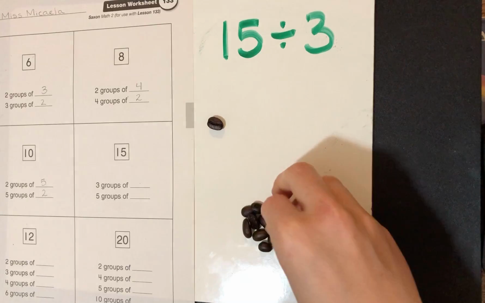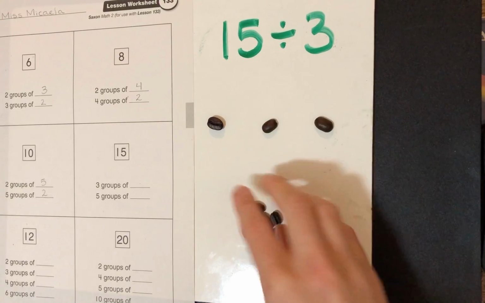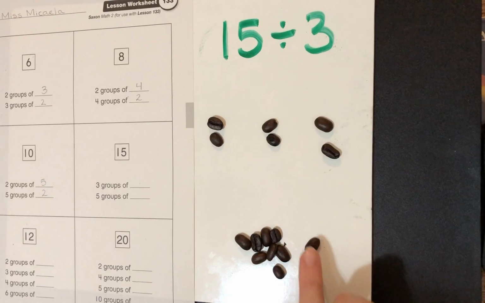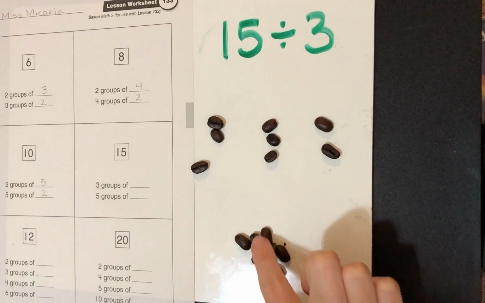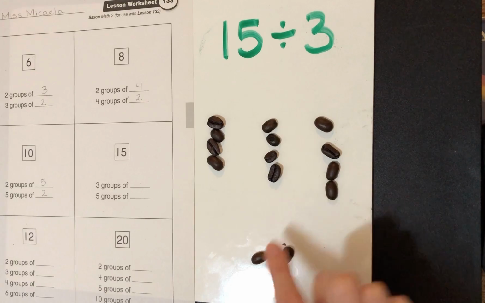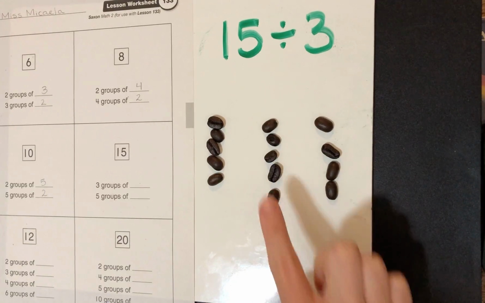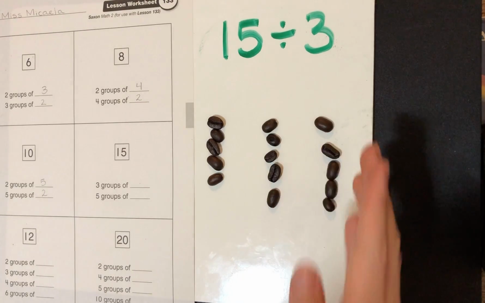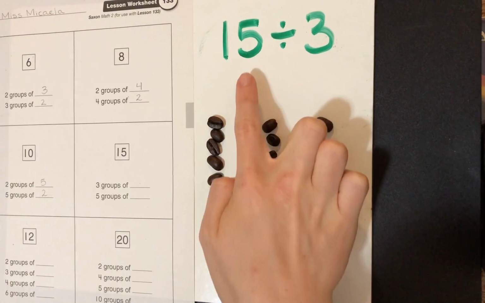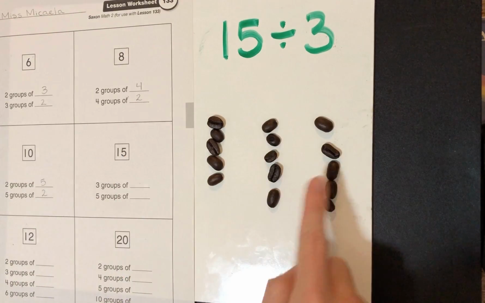So we have 1, 2, 3. 1, 2, 3. 1, 2, 3. And even though that takes a little bit longer, if you're not sure about these bigger numbers and how to start splitting them into equal groups, it's good to count them out.